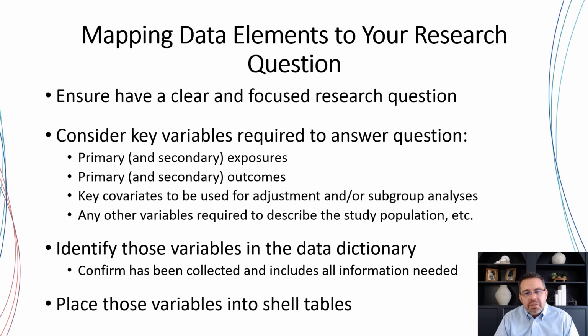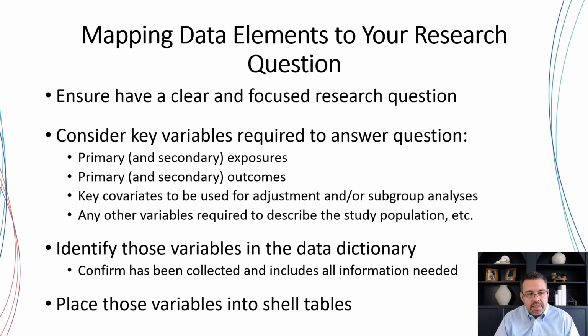But for me, everything starts with a clear and focused research question, right? So if I know exactly the research question I want to try to answer, and I've articulated that in a sufficiently clear manner, well, then it is often, I think, much easier to go back and identify those data elements that I need to answer those research questions.